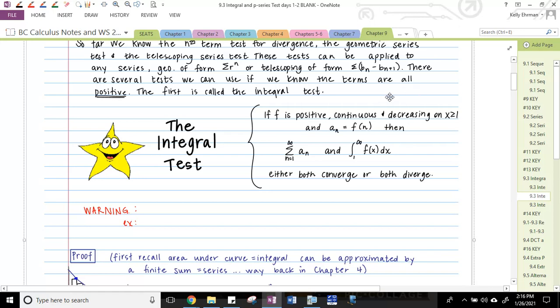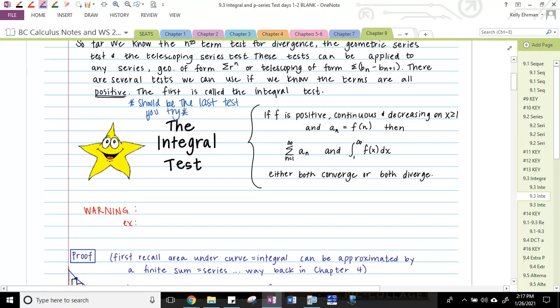So the first test that we're going to learn today is called the integral test. And I just want to put a couple of disclaimers here. This should be the last test you try.